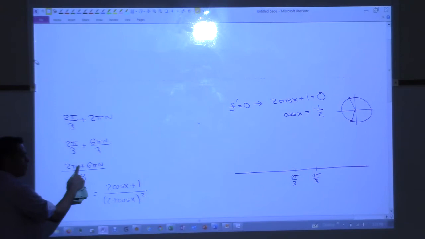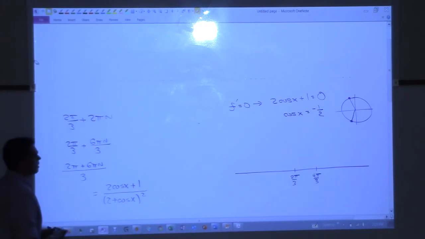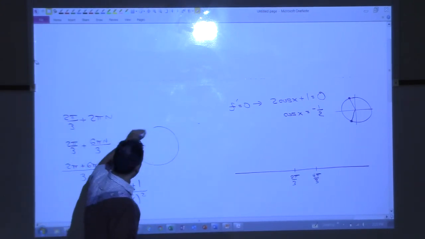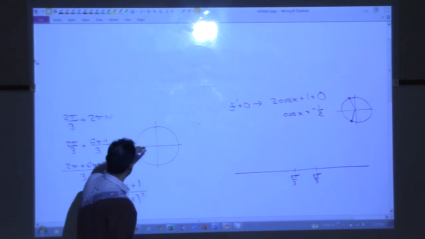Remember, you cannot combine these together because this one has an n and this one doesn't. So now if n is 0, you get 2 pi over 3. If n is 1, you get 8 pi over 3. If n is 2, you get 14 pi over 3. You can start cranking them out pretty fast that way. That's one way to do it. Another way is to go back and look at your solutions, or your 2 points.